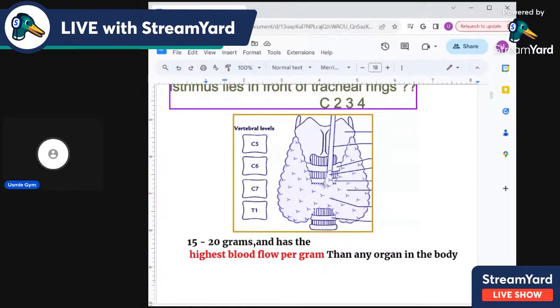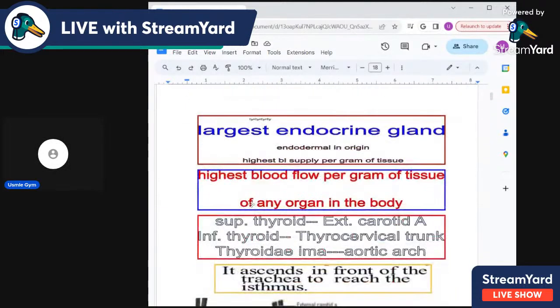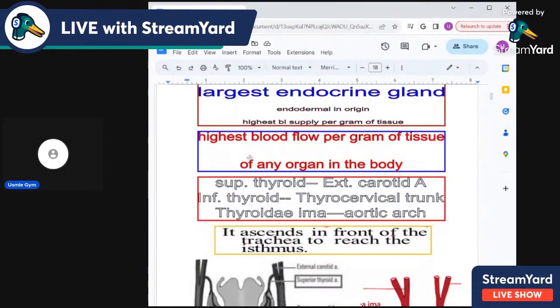The thyroid gland is 15 to 20 grams in weight, is the largest endocrine gland, develops from the endodermal region, and has the highest blood flow per gram of tissue of any other organ in the body. Highest blood flow, largest endocrine gland, and endodermal in origin. Of course, all the other endocrine glands are also endodermal in origin.